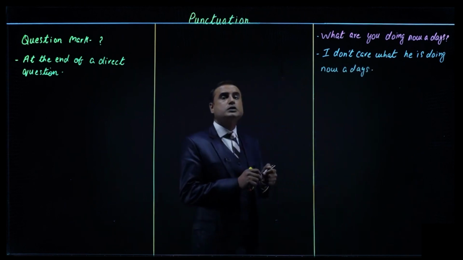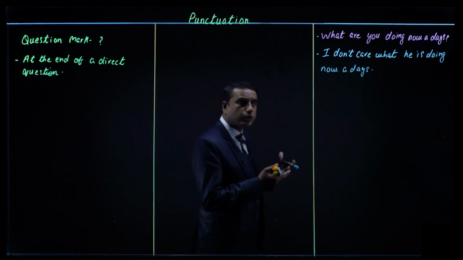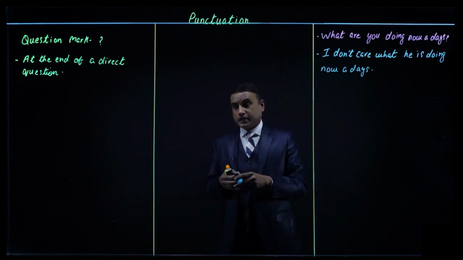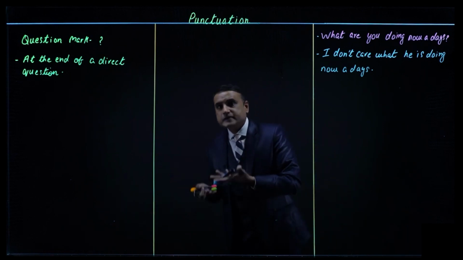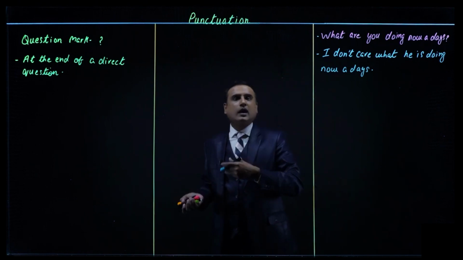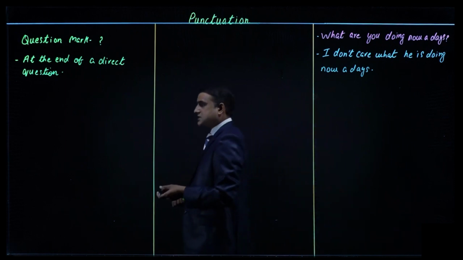Here you will put a full stop because it is no more a question, it is actually an answer. It is actually a statement, an affirmative statement. ठीक है, जिसमें आप बता रहे हैं कि मुझे कोई परवाह नहीं, वो कुछ भी करता है, I do not care about it. So that is the difference.